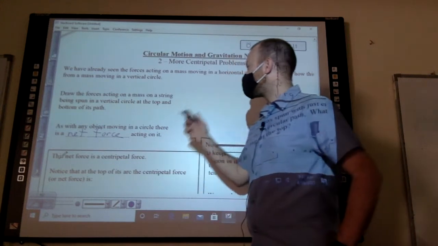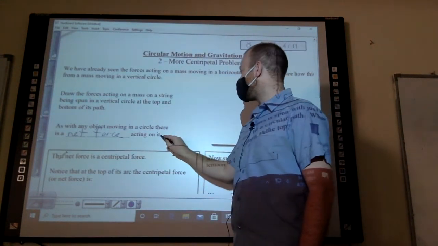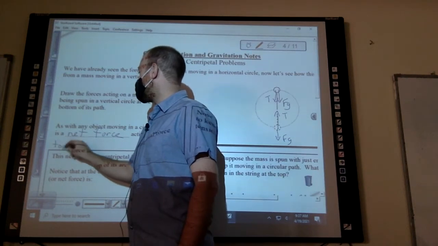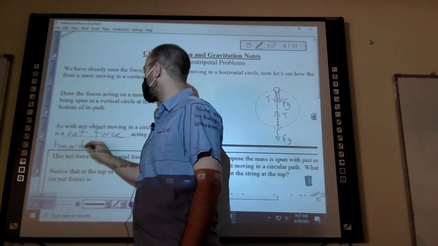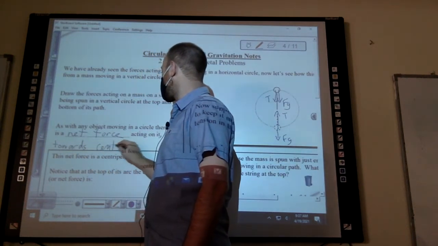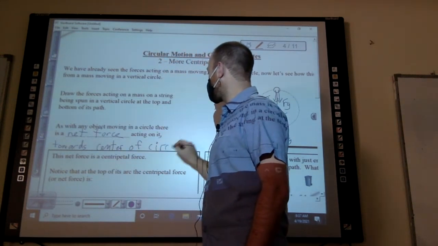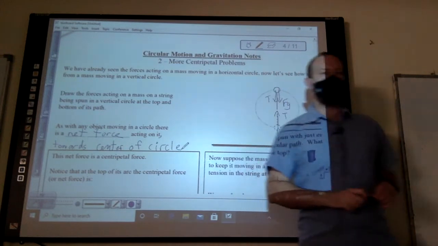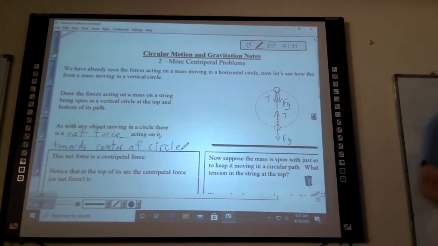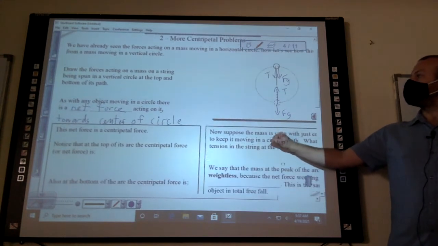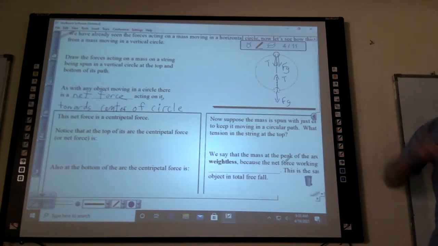So we've got net force acting on it, towards the center of the circle. That's going to be a commonality in all these questions. There's always going to be some net force towards the center of the circle. As I said, the net force is the centripetal force.